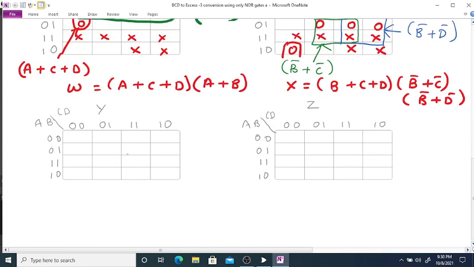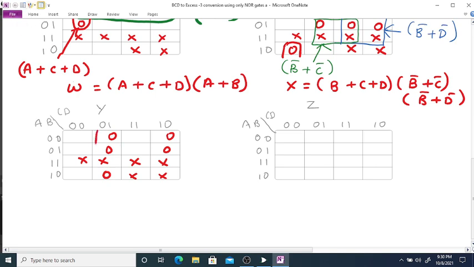Now, next we will see Y. So, for Y we will get here 0, 0, 0, 0. We will have don't care conditions over here, and again we will have one more 0 over here. In this case we can group a quad.